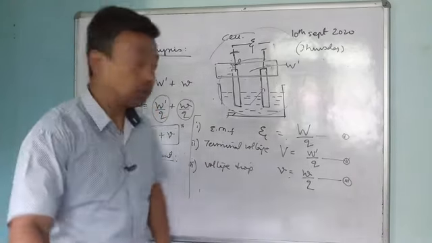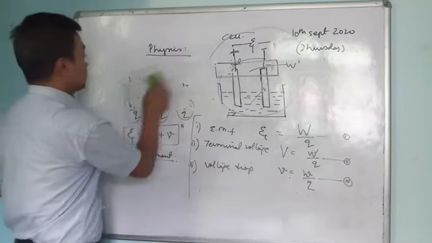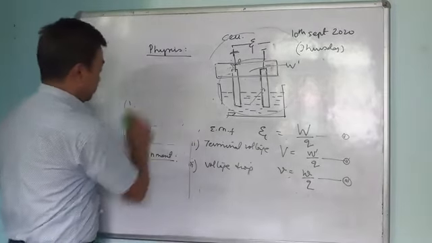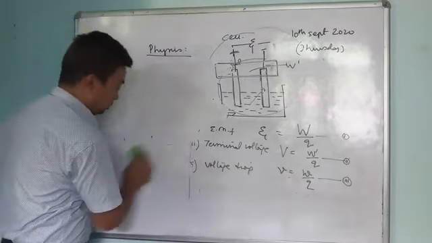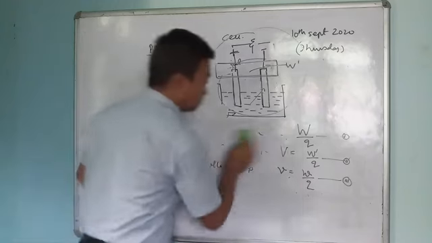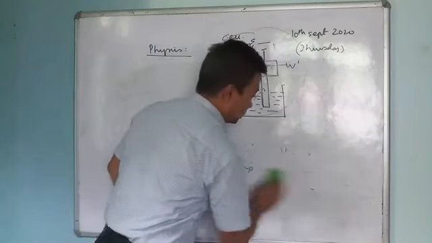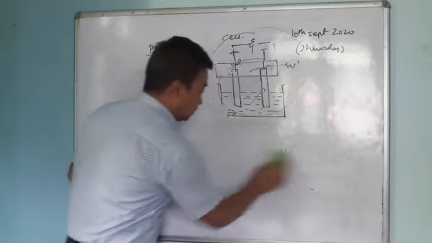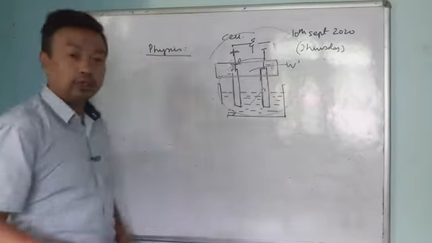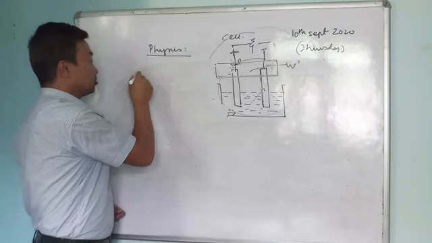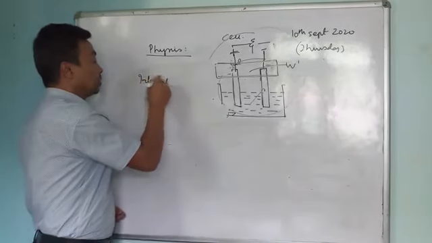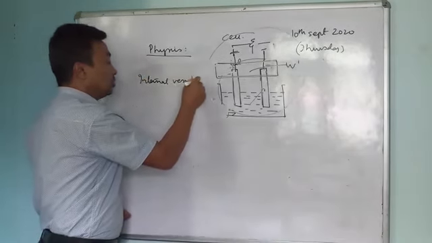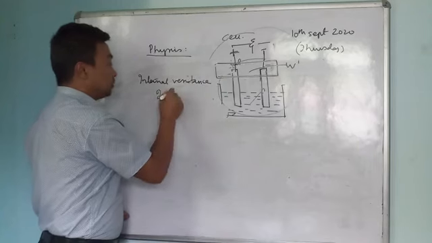Let me complete that quickly now. So the next topic I'll be discussing before I wind up today's class. So write down the last topic for the day: internal resistance of a cell.